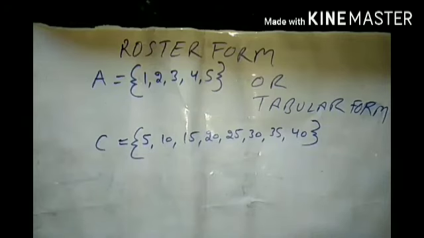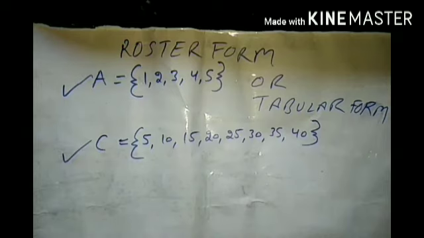Here we have two sets, the set A and the set C. Now we have to think about which direction we were given to write these sets. We have to think in the reverse manner. We are going to the description of the set, or the directions for the set to be written.